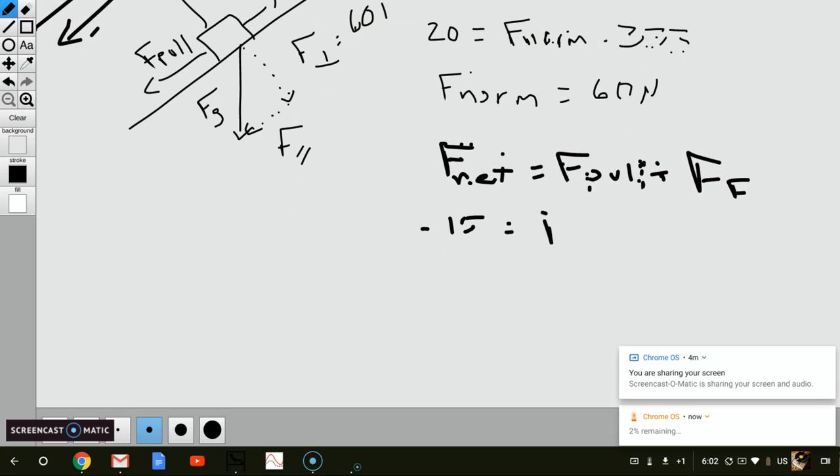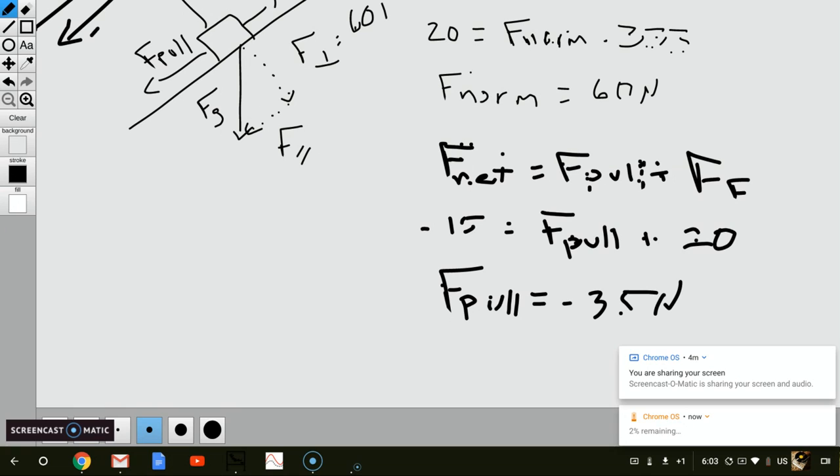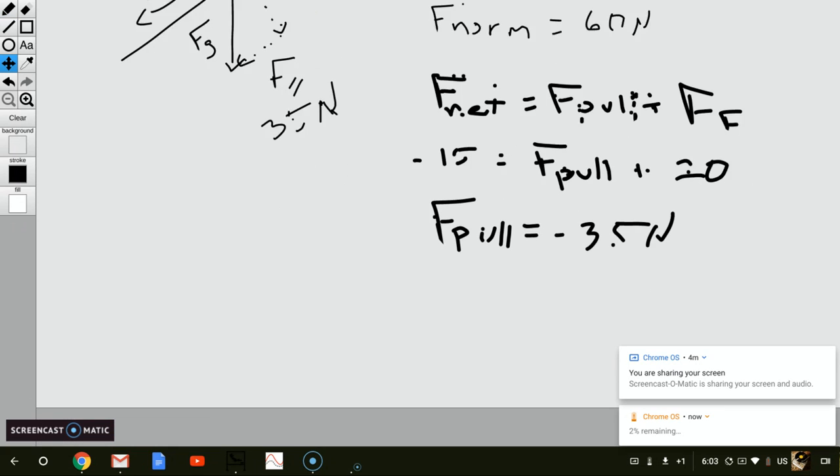F pull we don't know yet. Plus force of friction, which we know is 20, and that's up the incline. If we solve this real quick, we get F pull is equal to negative 35 newtons. So this will be 35 newtons.